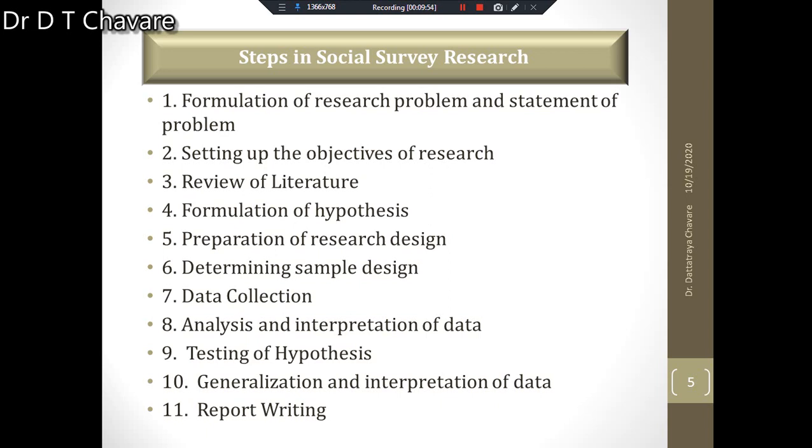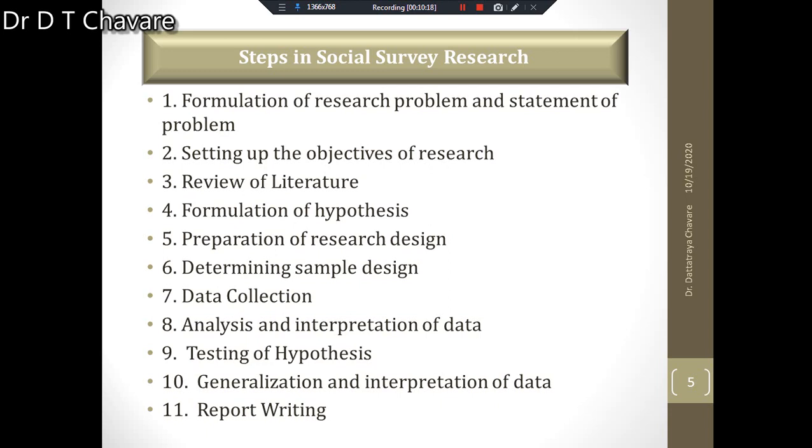You have to decide on which problem we have to work. Also you have to formulate the statement of problem. Okay, research problem is different and statement of problem is different, don't forget it. That's why in the first step you have to complete formulation of research problem and statement of problem.